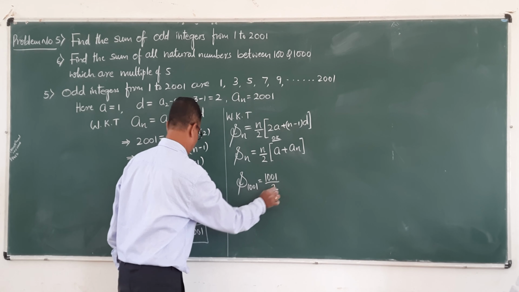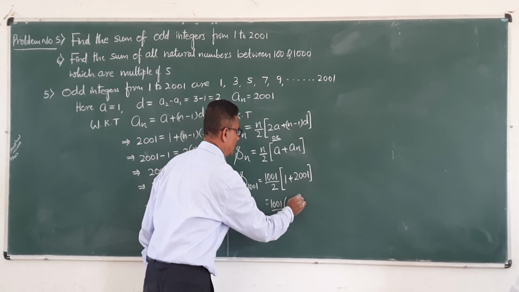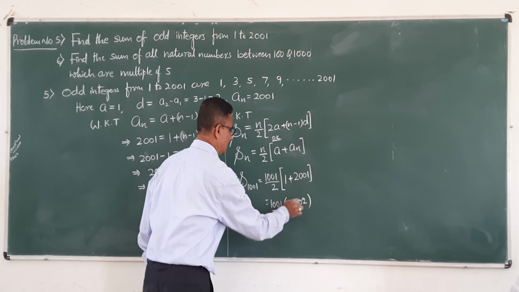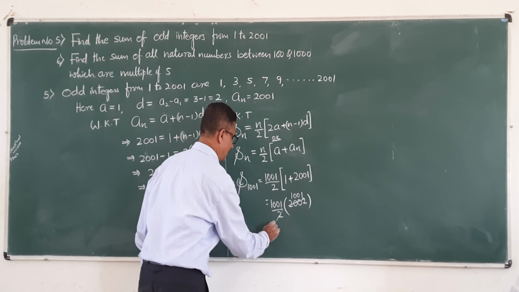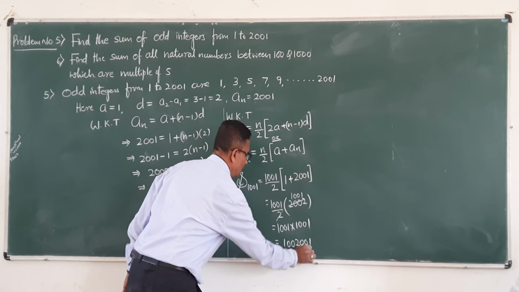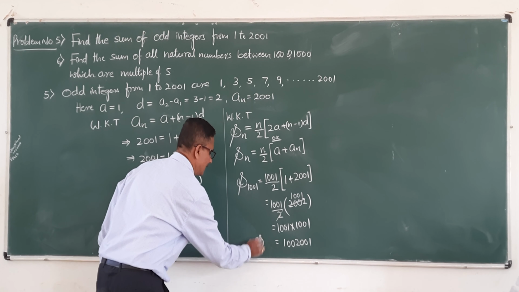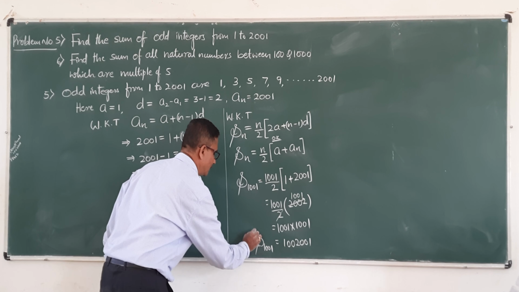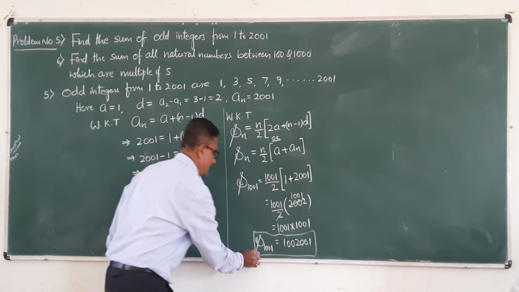Simplify: 1001 divided by 2 into 2002. 2 ones are 2, 1000 ones are 1000. That is 1001 into 1001. So 1001 into 1001, multiply, after simplification, 1,002,001. This is the sum of 1001 terms.